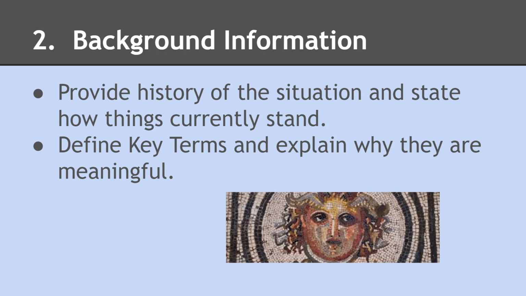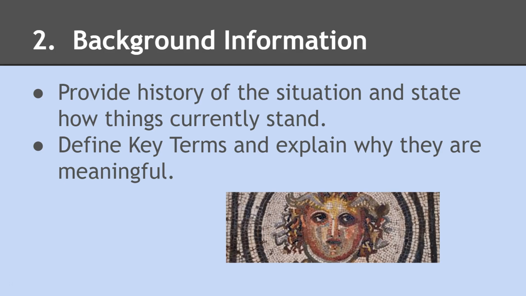Also, in this background information, you're going to define key terms because your audience may not be very knowledgeable about your topic. I remember one time I read a paper on fracking. I had no idea what that was. And so my student defined a lot of key terms in the background information. So before he argued one way or the other, for or against it, I understood what fracking was.